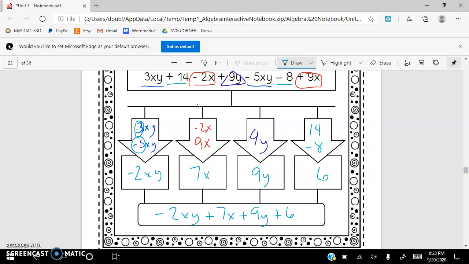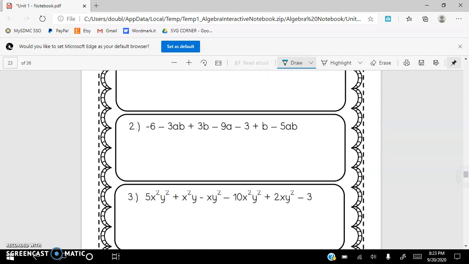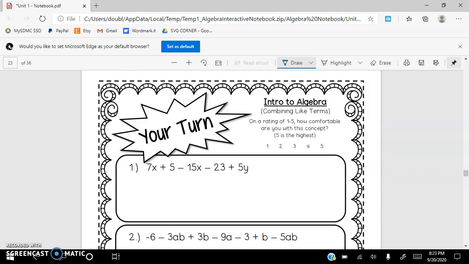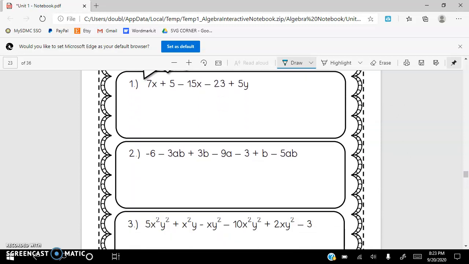So let's go through our 3 problems. First one we have is 7x plus 5 minus 15x minus 23 plus 5y. So let's get what we have first together. We have 7x and a -15x. We always have to have the sign that's in front of the number we want to combine.